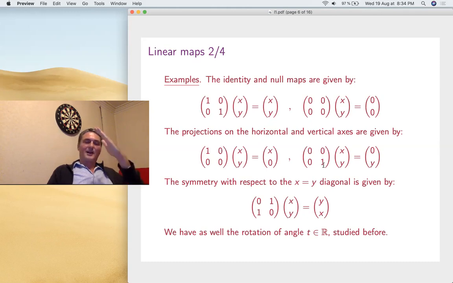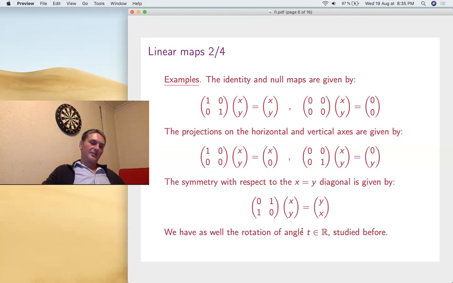Now, one more example. Let's take the diagonal, x is y, and the symmetry with respect to it. So the symmetry just flips x and y. So that's the formula. xy goes to yx. So once again, what's the matrix to be put here? Well, if you think a bit, 0, 1, 1, 0. I mean, it works, right? This times this is y, and this times this is x, so it works.